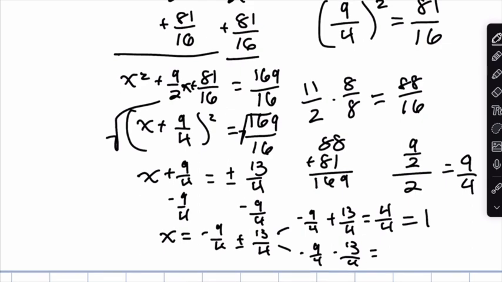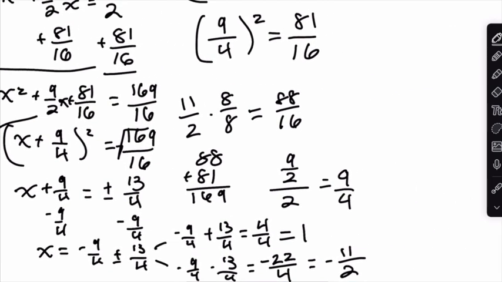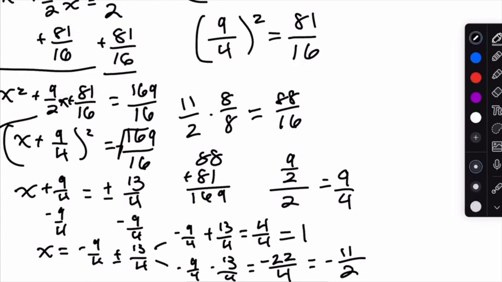Now on the bottom, we have negative 9 minus 13. So that is going to give us a negative 22 over 4. And we can simplify that down a little bit to get a negative 11 over 2. And those two are going to be both of our solutions to this problem. So we have a 1 and a negative 11 halves.